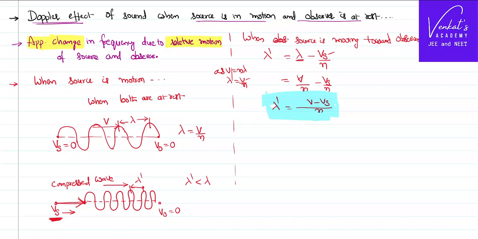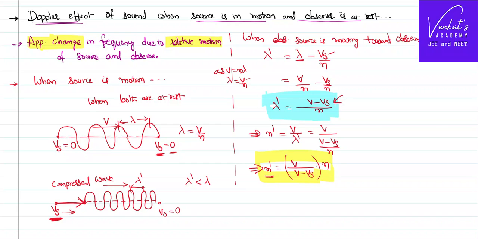Once we know the wavelength, the new frequency n dash is V by lambda dash. The expression for lambda dash we have already derived, (V minus Vs) by n. That implies the apparent frequency is V by (V minus Vs) into n. This is the expression for the apparent frequency, the frequency as it is heard by the observer in the state of rest when the source is approaching him.